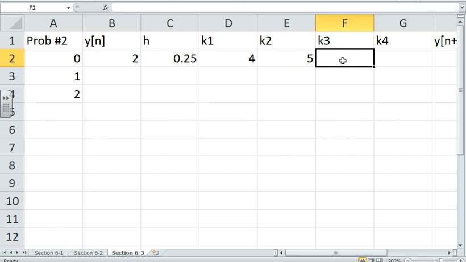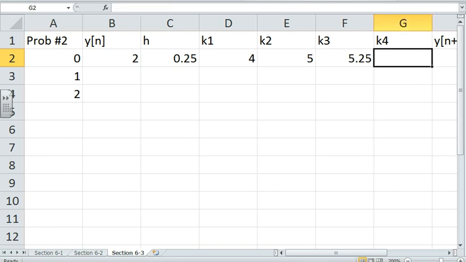And then k3 is going to be equal to 2 times y0, which is B2, times B2 plus 0.5 times h, which is C2, times k2, which is E2, close parentheses, and then we'll come back. Okay, I did that one right.